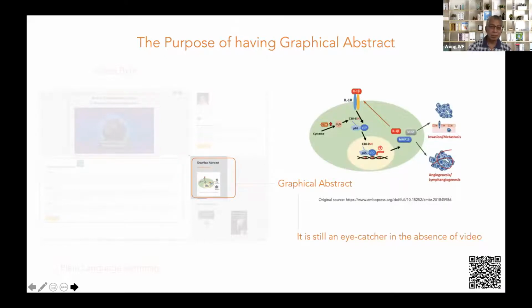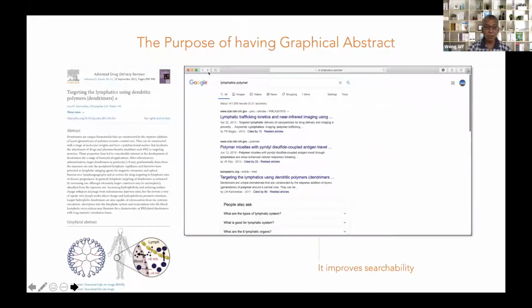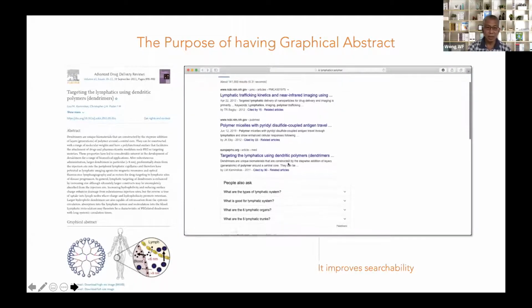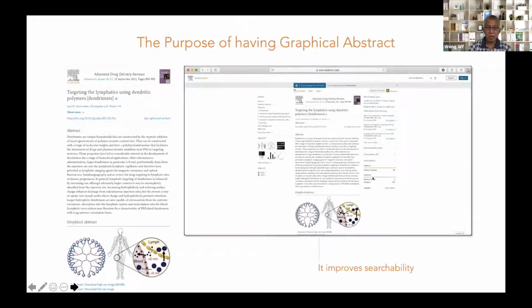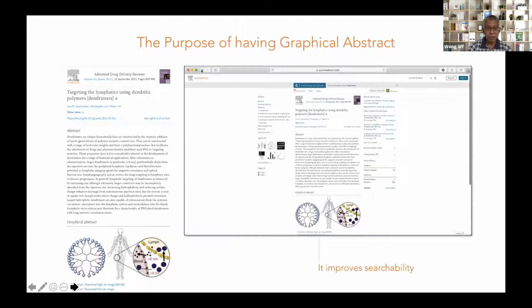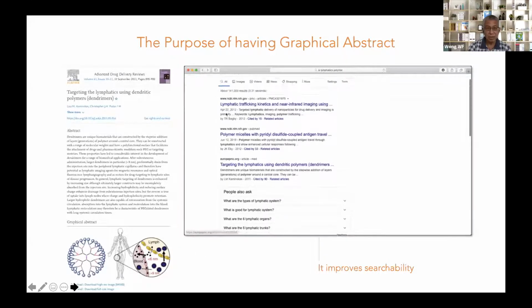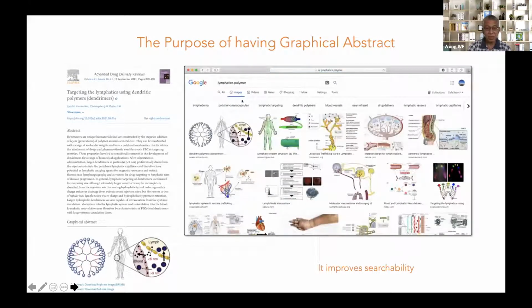The other important part of doing a graphical abstract is that it actually becomes a lot more searchable. Take for example, you're searching for lymphatic polymer. If you do a Google search, it takes a while to find the paper. But let's say you do an image search rather than a narrative search, you'll probably be surprised to see that it turns out to be the first one.